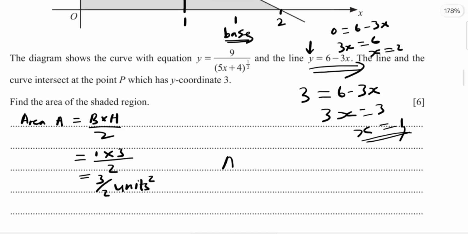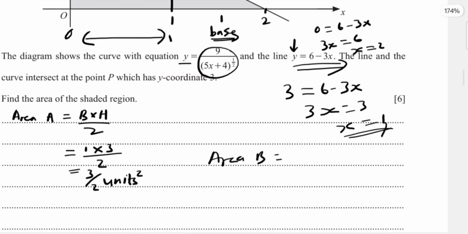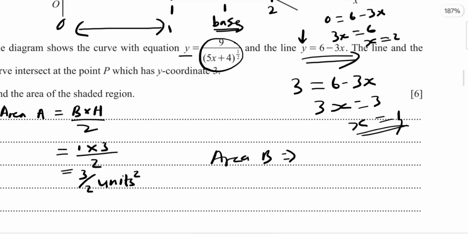And for area B now, we're going to integrate the curve with respect to x. Then we use 0 and 1 as our limits. So we can rewrite this to be y equals 9 times (5x plus 4) to the power minus 1 over 2.